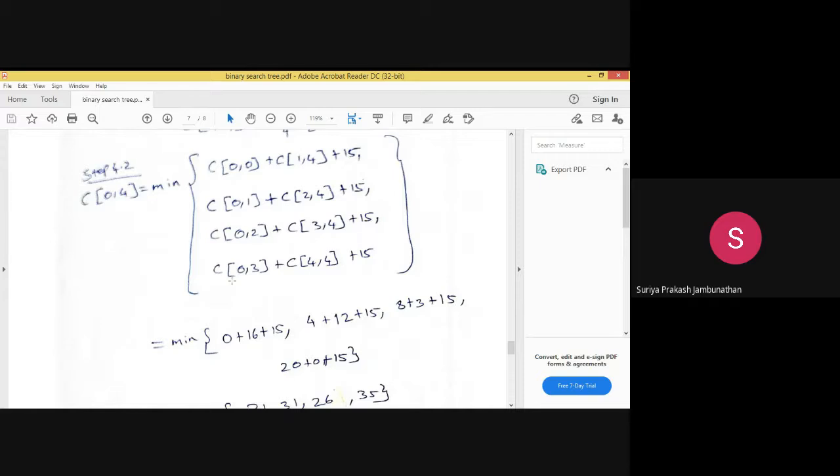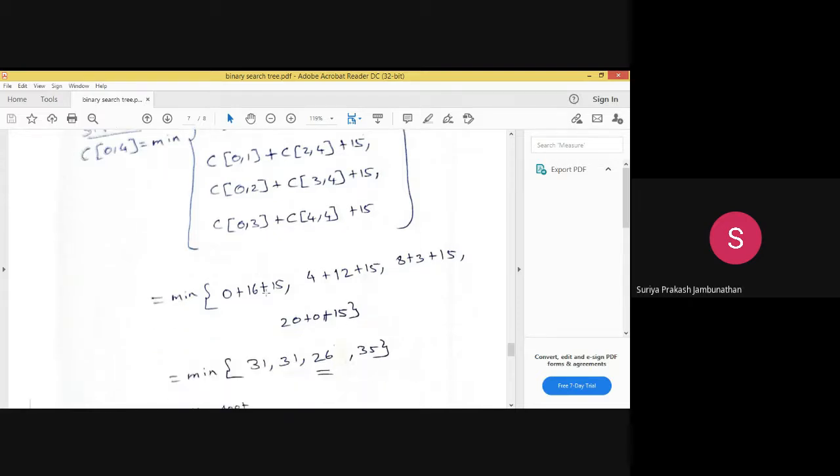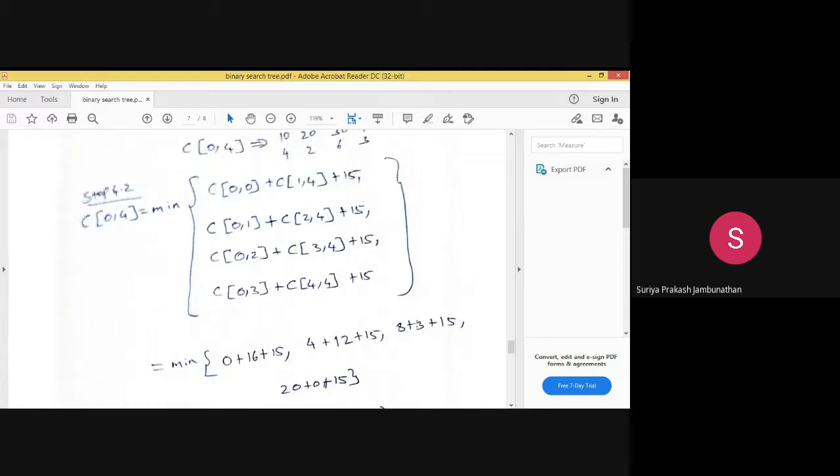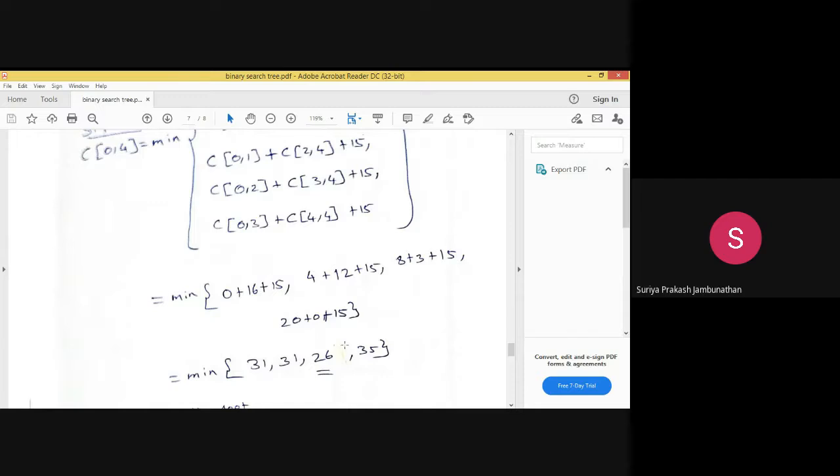For the fourth statement 0 comma 3 we are getting 20, 4 comma 4 we are getting 0, 15 we are adding. So solving this we are getting 31, 31, 26, 35. Among this, the value for third one is 3, so 26 we have to take.